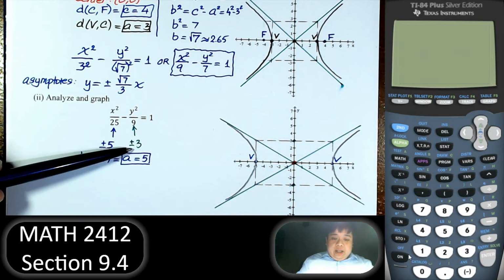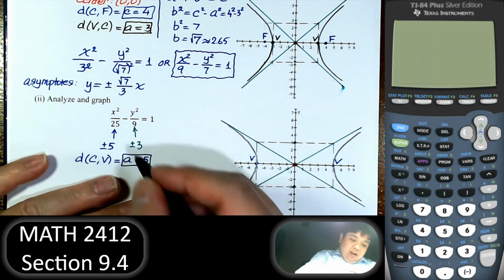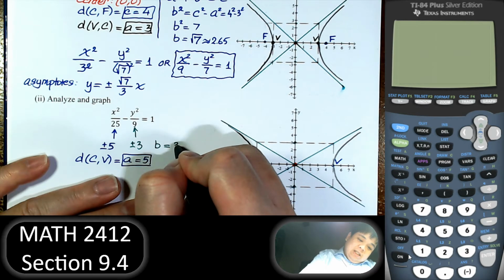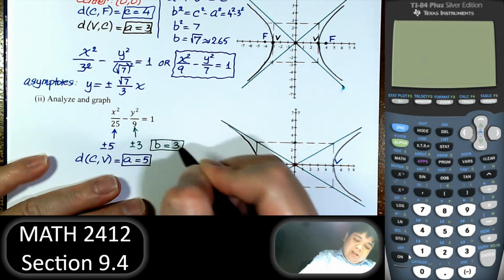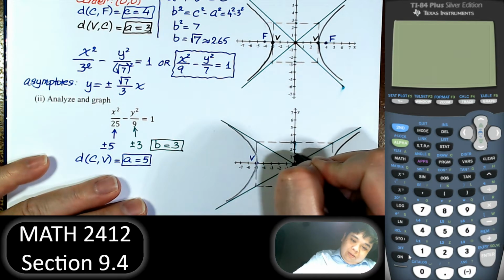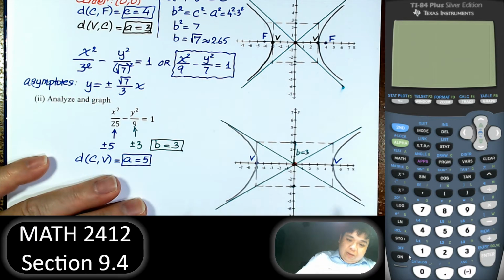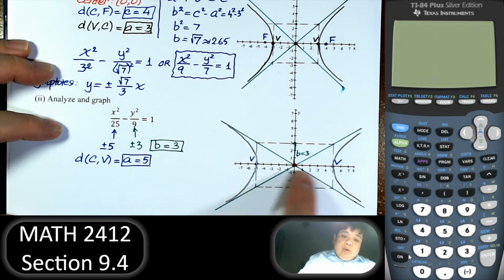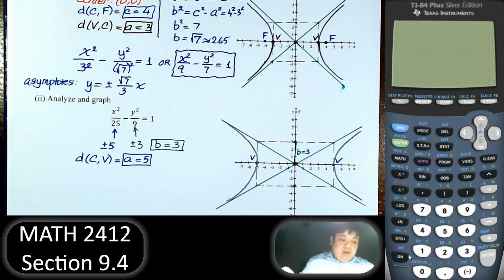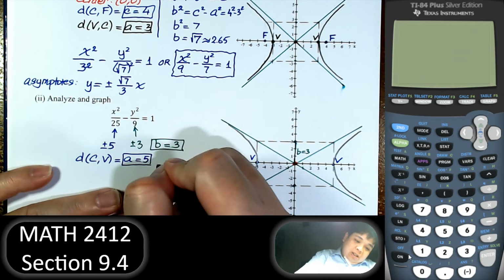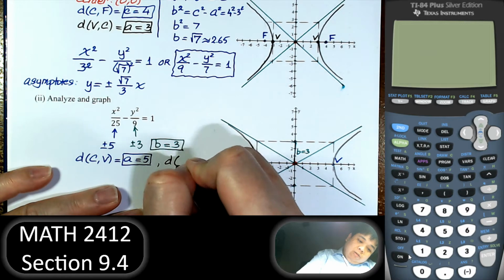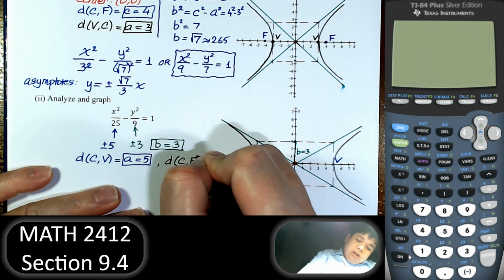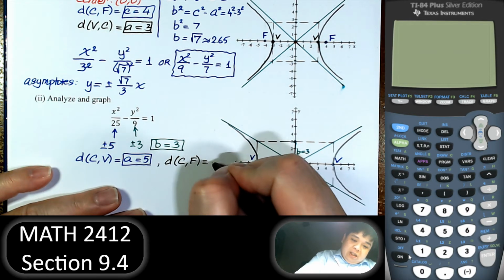And 3 is b, the other distance. And we have a, we have b, we have c. c will be the biggest one, which is the distance from the center to a focus.